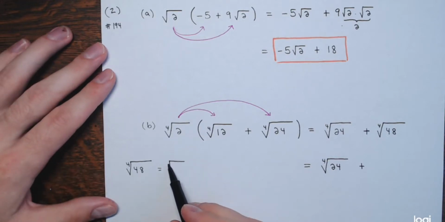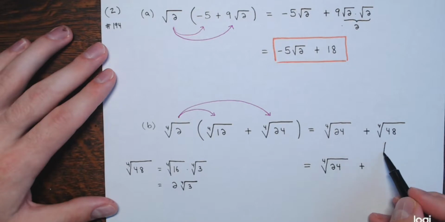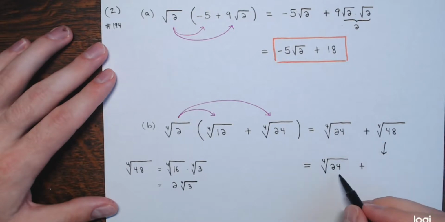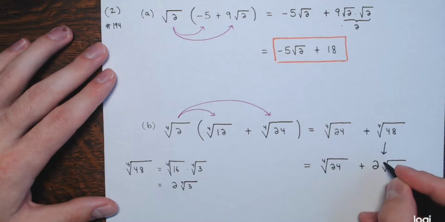So this can be broken up with the product property as the fourth root of 16 times the fourth root of 3, which would be 2 times the fourth root of 3. Right, and that's what's going to go here. So we end up with the fourth root of 24 plus 2 times the fourth root of 3.